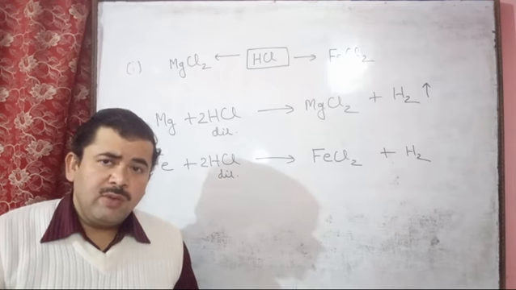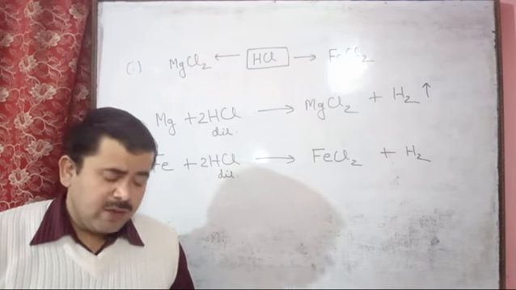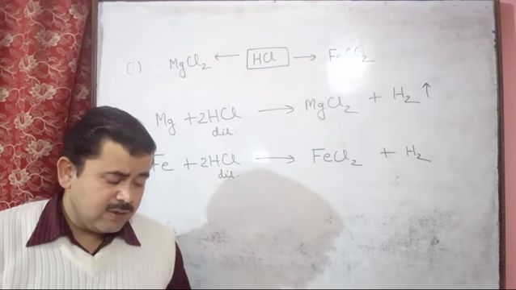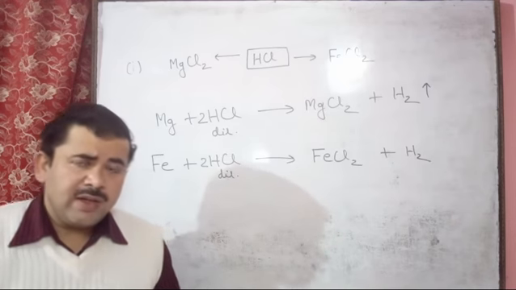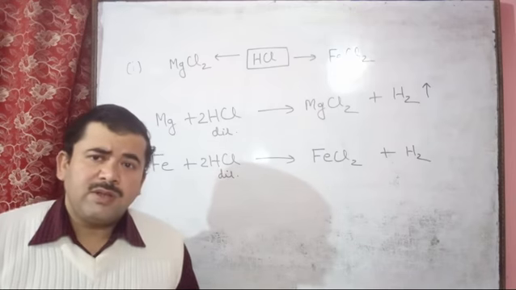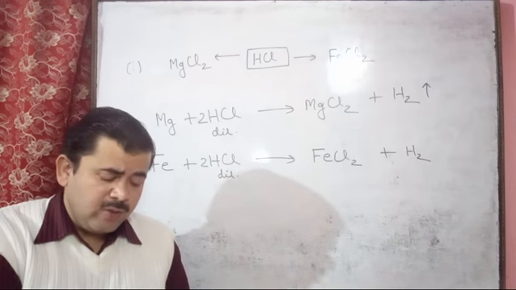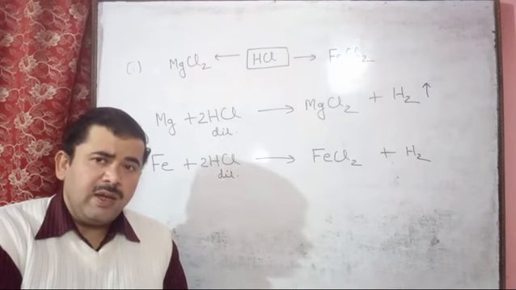When aluminium reacts with concentrated potassium hydroxide, we get potassium aluminate plus hydrogen gas. So the answer will be potassium aluminate, KAlO2.